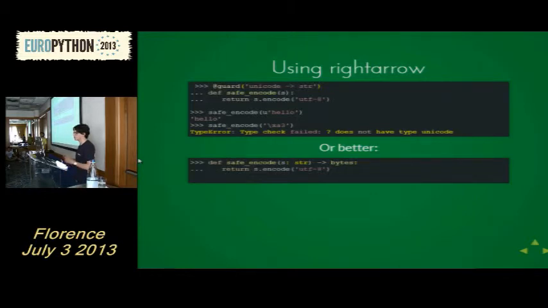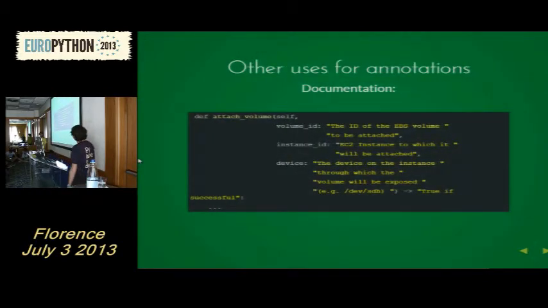If we try to translate this to Python 3, we get, in my opinion, a nicer syntax with annotations. So you can just say that safe encode takes a string and returns bytes, and it's cleaner, in my opinion. Okay, this is just about types.